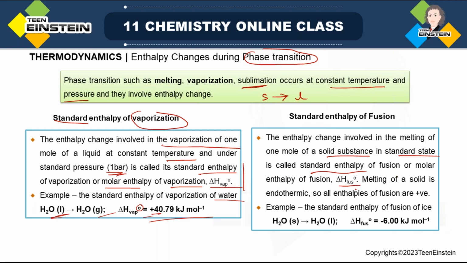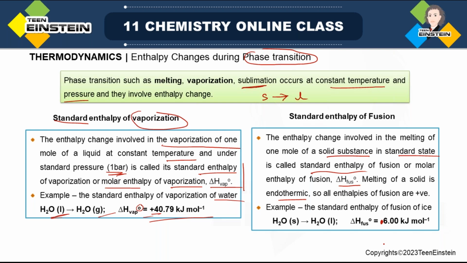The subscript we have used is fus, which means fusion, and this is also endothermic because when you change a substance from solid to liquid, obviously it will absorb heat. So all enthalpy of fusion will be positive. Standard enthalpy of fusion is given for ice, which is 6 kilojoule per mole.